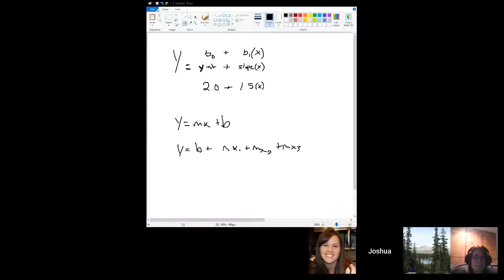So we're just going to plug that in like we normally would. We have negative 3.0 plus 0.25 times 16, which is 4. So we have negative 3 plus 4, so 1.